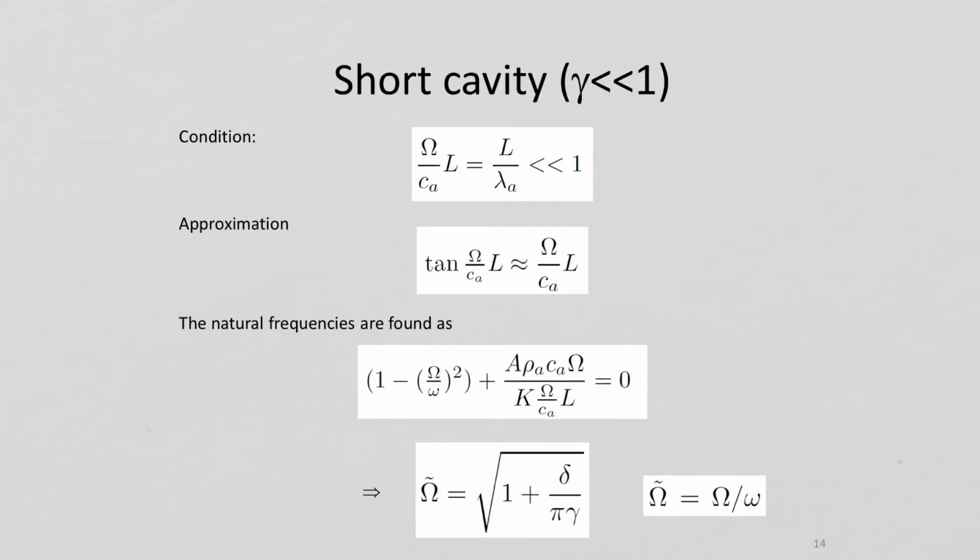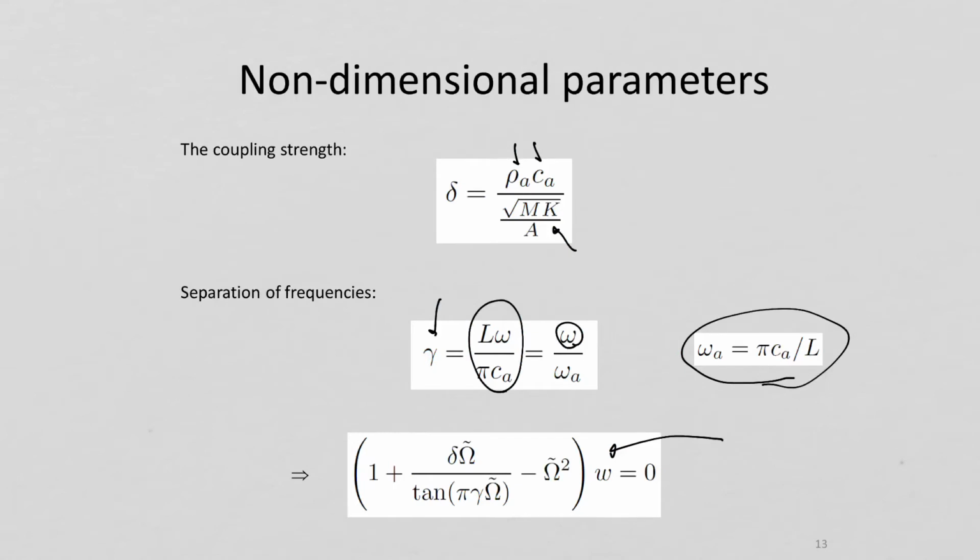However, for certain cases, if we have a very short cavity, and what do we mean by short cavity? What that implies is that the natural frequencies in the acoustic channel are very high. So if that's the case, then the gamma parameter defined on this page will be very small.